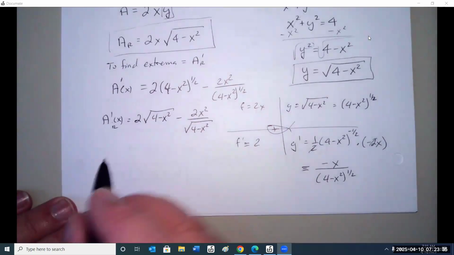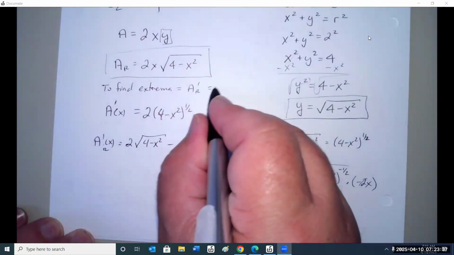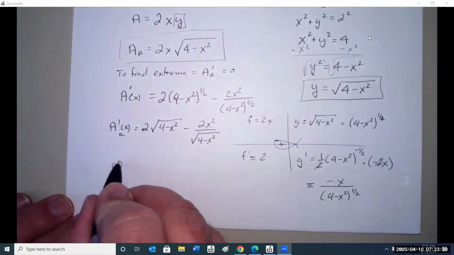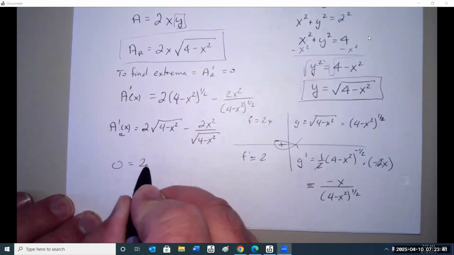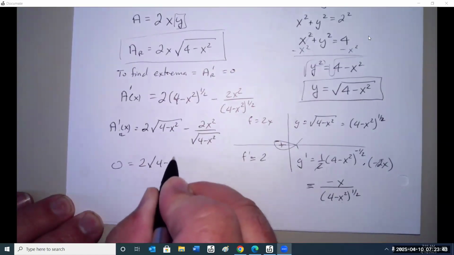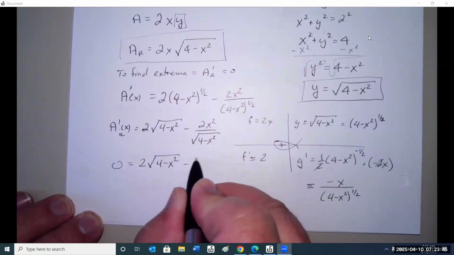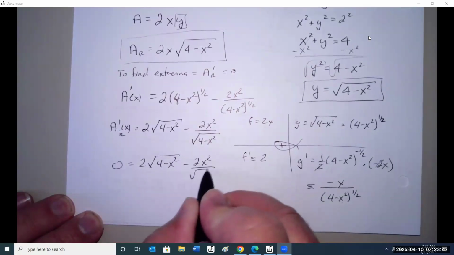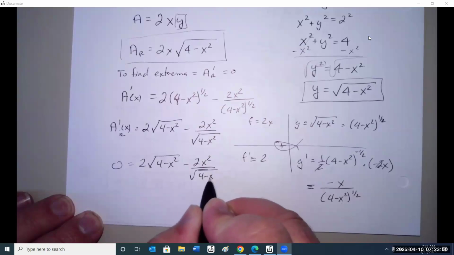For extrema, we take that and set it equal to 0. So we have 2 radical 4 minus x squared minus 2x squared over the square root of 4 minus x squared equals 0.